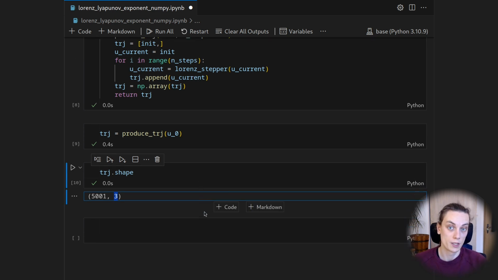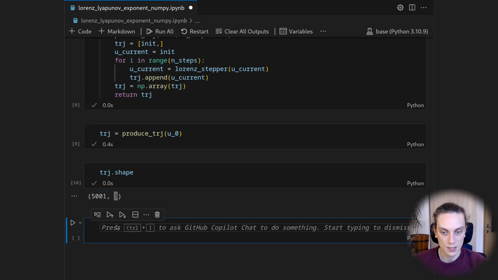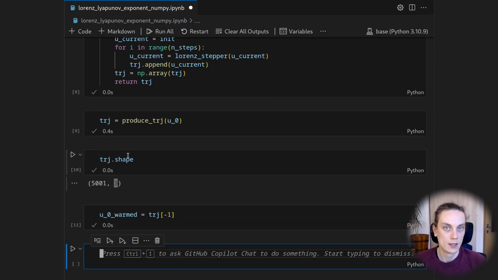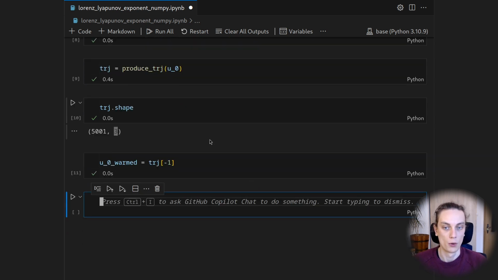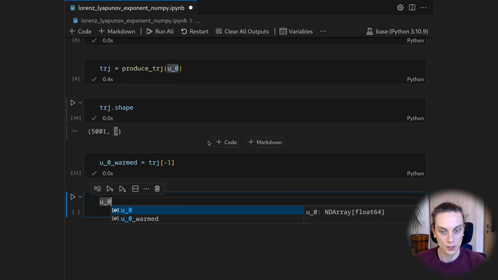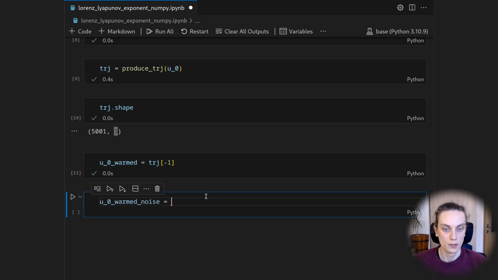But as I mentioned in the strategy, we start at this 1-1-1 vector, and then we do 5,000 steps essentially to only warm it up. So we can then extract the warmed up state. So let's say U0 warmed, by indexing the trajectory at the last time step. Then we can add our noise to that. So let's use U0 warmed noise and add our uniform noise to it.